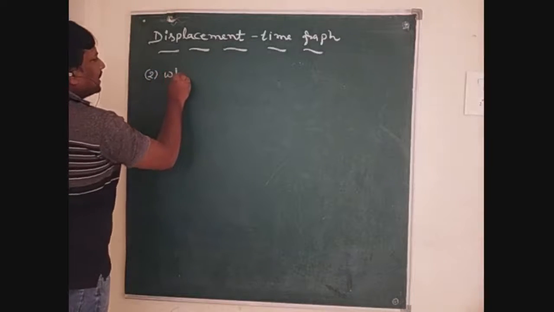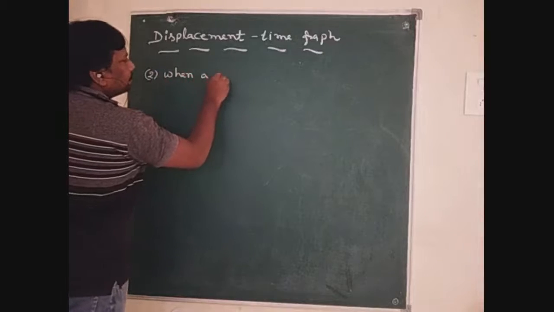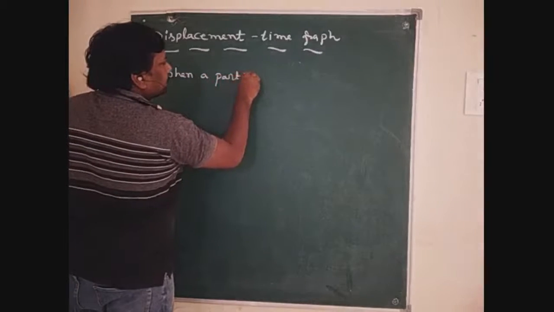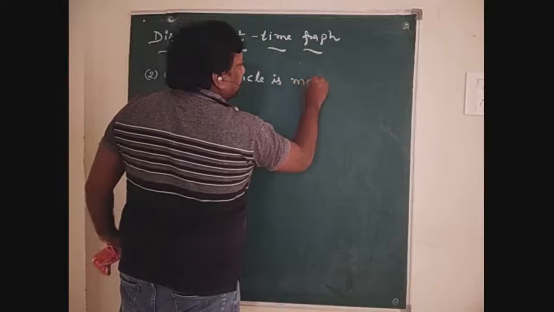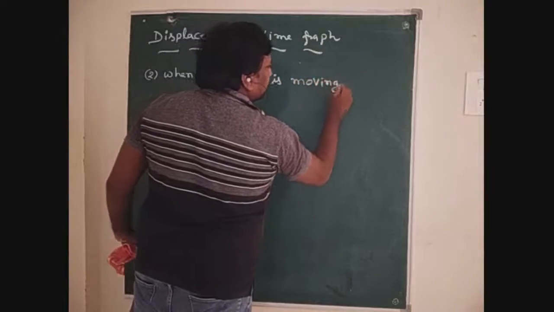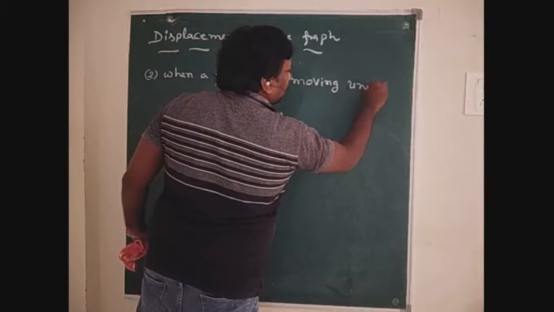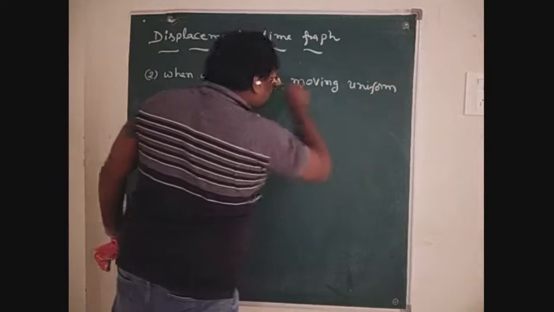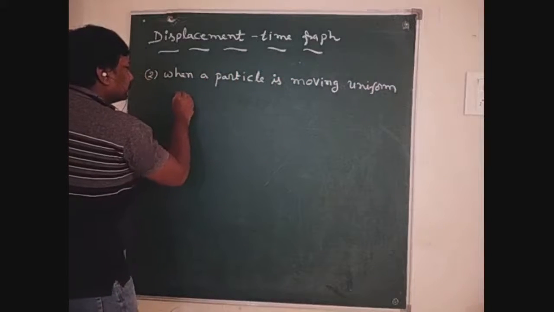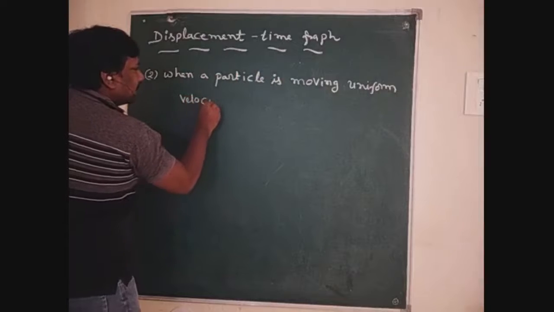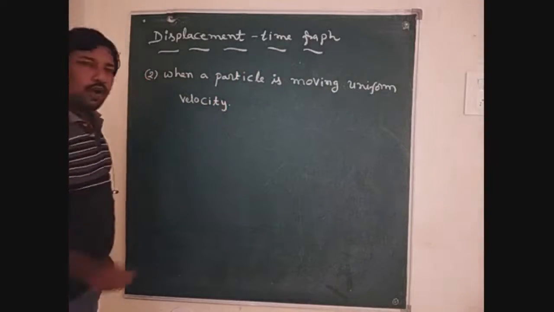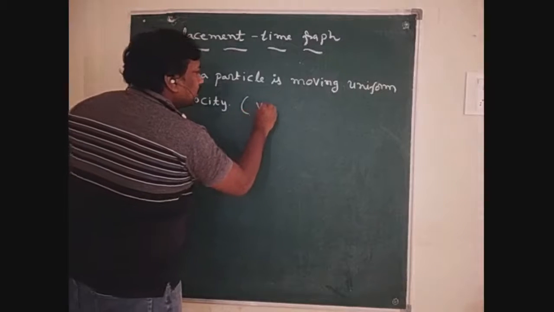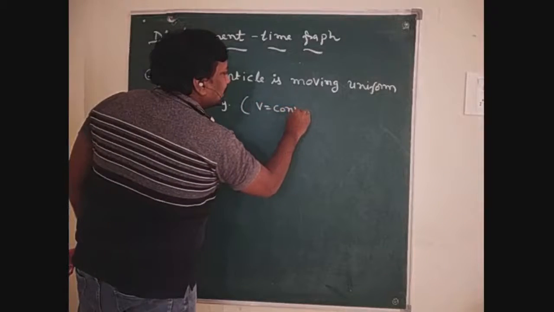When a particle is moving with uniform velocity, or uniform motion, uniform velocity means constant velocity.